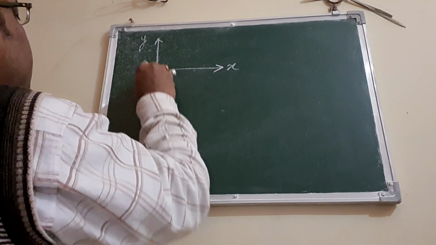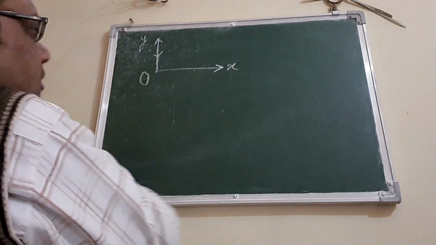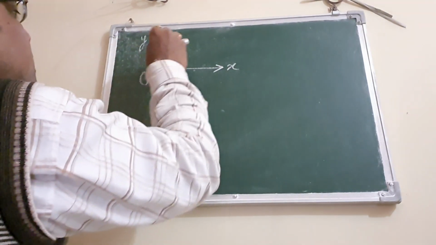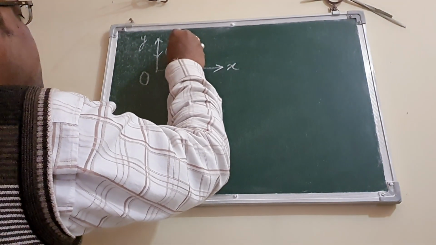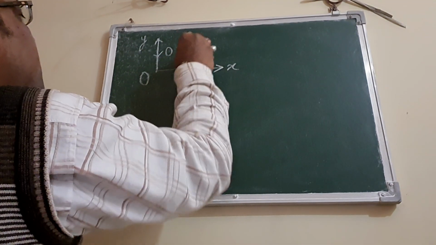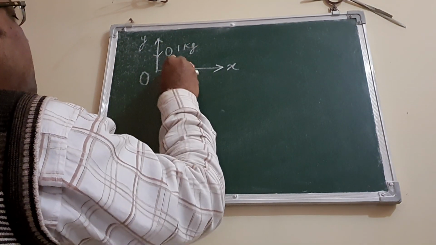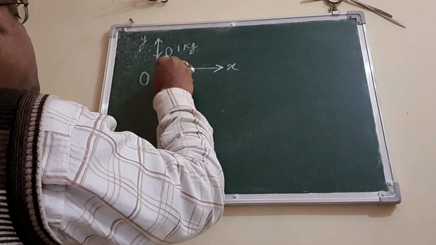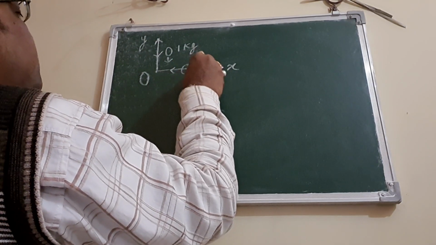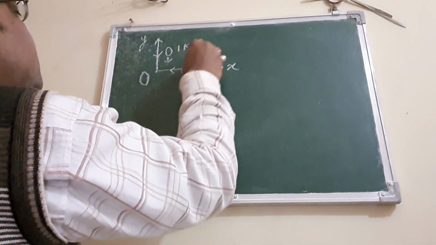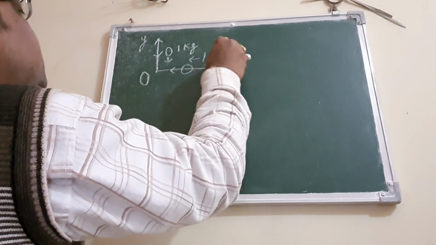This is our origin. A body comes here of mass 1 kg, and another body comes to the origin through the y direction and it is also 1 kg.